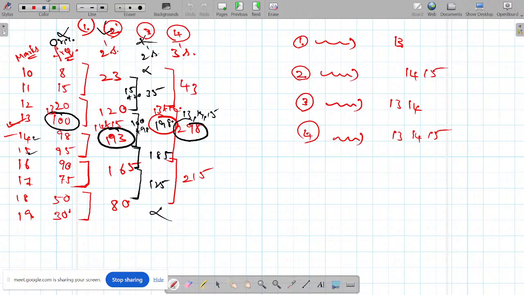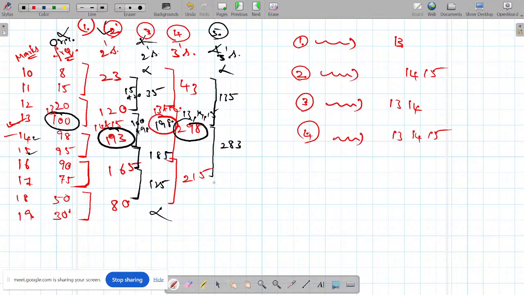Now come to the fifth column, which means leave the first one and group the others in threes. So leave the first one: 11, 12 and 13, values 15, 20 and 120, that's 135. Am I right? Then the other threes: 98, 95, 90, that's 283.